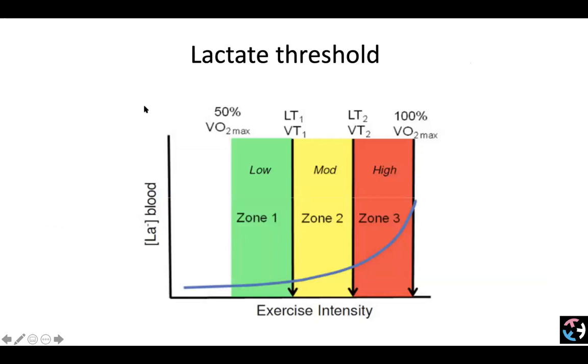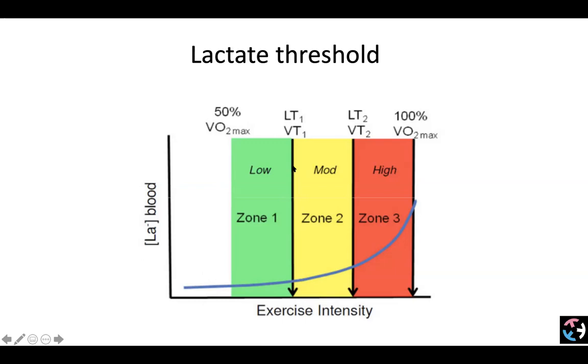So I just want to explain this before we move on to the next point, because this will help you understand some of the things that I'm talking about. This is a graph of blood lactate on the left, and at the bottom is exercise intensity, so heart rate. As your heart rate increases, it gets to a point where blood lactate starts to increase above base level. We call this LT1, or your aerobic threshold.